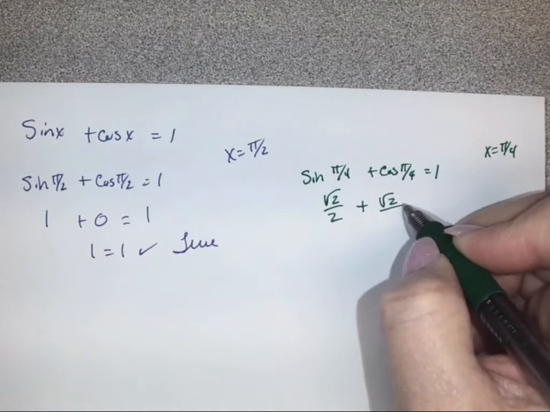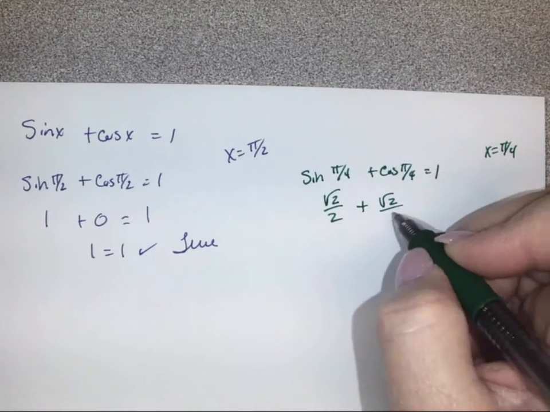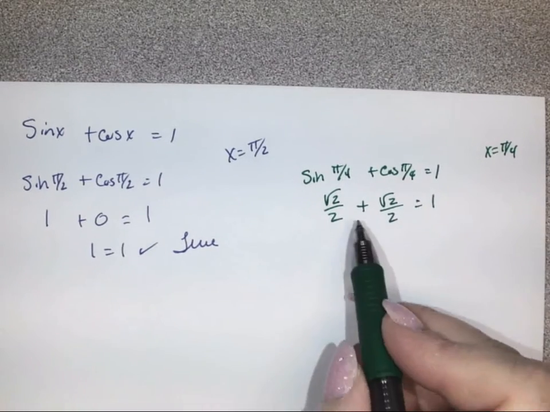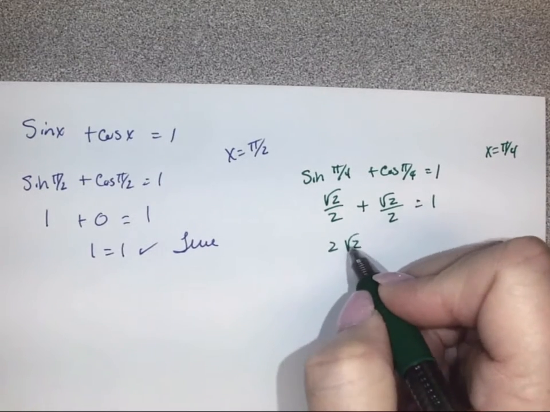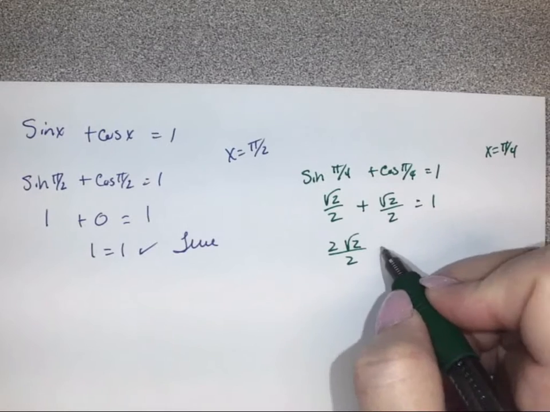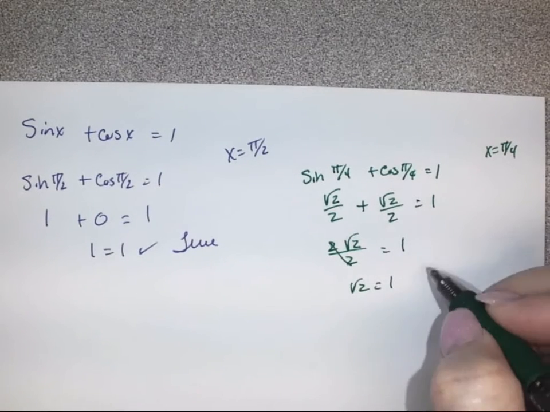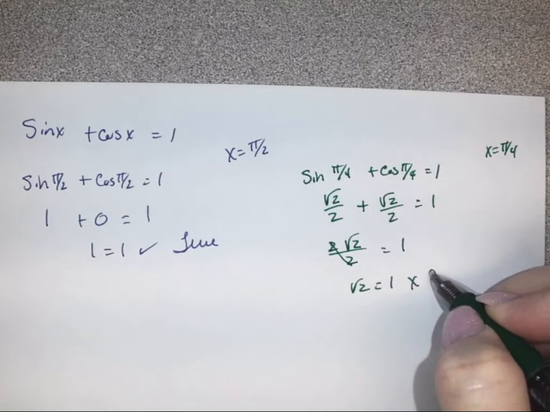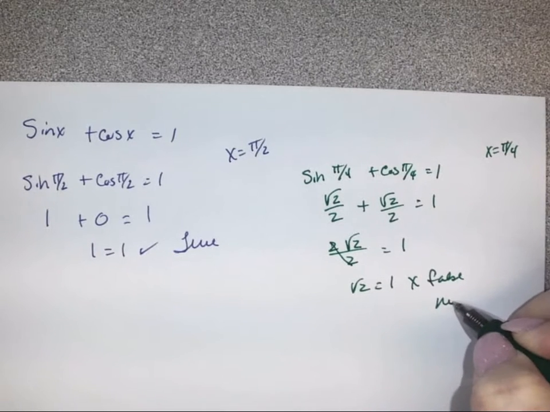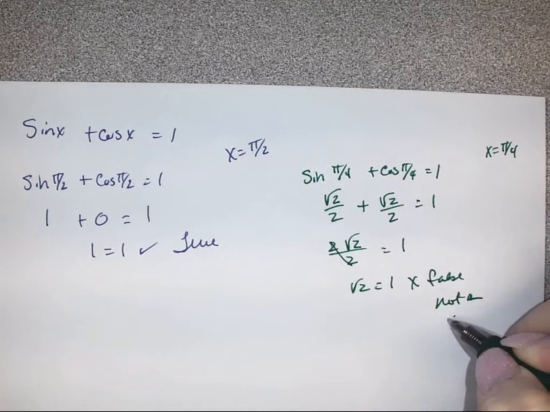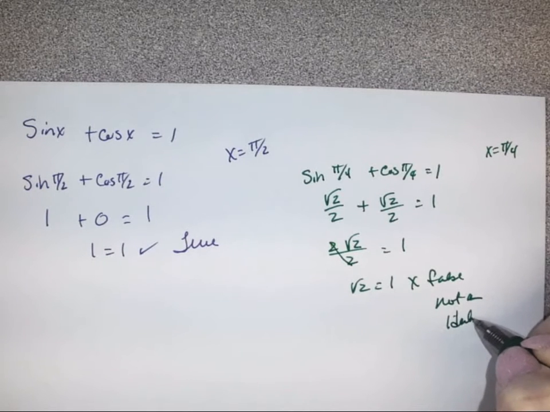Cosine of pi over 4 is square root of 2 over 2. Well, that gets us 2 square roots of 2 over 2 when we add them. Well, the 2's will cancel. We end up with the square root of 2 equals 1. This does not work. It is false, so this is not an identity.